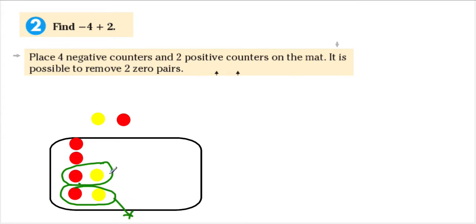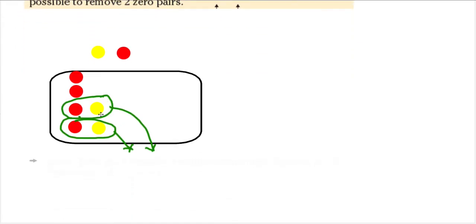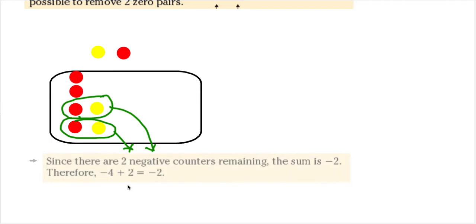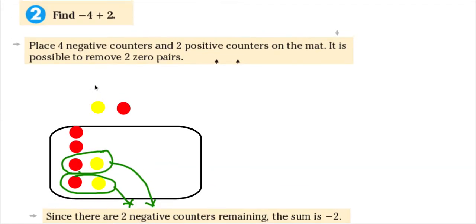Take those out of the mat. Okay, so we're left with two negative counters. So when you add up negative 4 plus 2, you end up with negative 2 because you have two negative counters left. Okay? So that's how you add integers using counters.